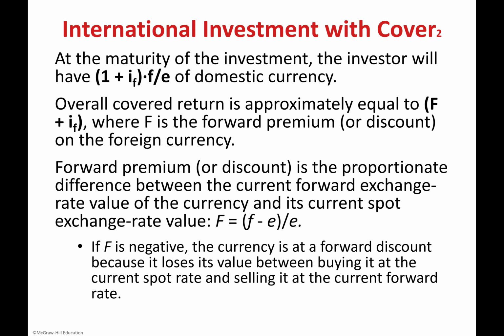So if we're looking at the other way, that the currency depreciates, so little f is less than E, then cap F is obviously going to be negative. So the currency is at a forward discount because it loses value between buying it at the current spot and selling it at the current forward rate. So the foreign currency depreciates. That means the domestic currency, in other words, the dollar, must be appreciating. So if cap F is negative, we've got dollar appreciation. If cap F is positive, we've got dollar depreciation.